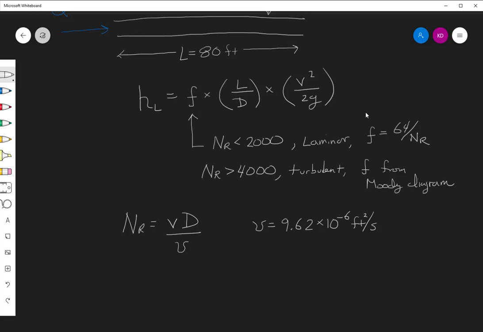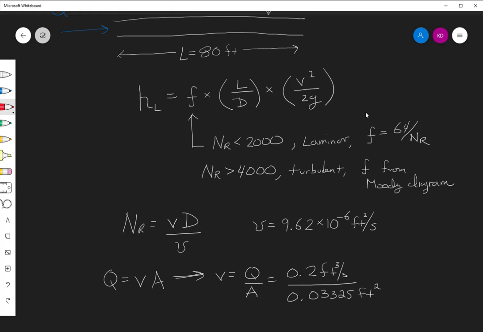Now, we aren't given the velocity, but we are given the volume flow rate, and we can relate the two by the fact that the volume flow rate Q is equal to the average velocity in the pipe times the cross-sectional area of the pipe. So we can rearrange this to solve for the velocity. We find that V is Q divided by the cross-sectional area A. So that's 0.2 feet cubed per second divided by 0.03325 feet squared.